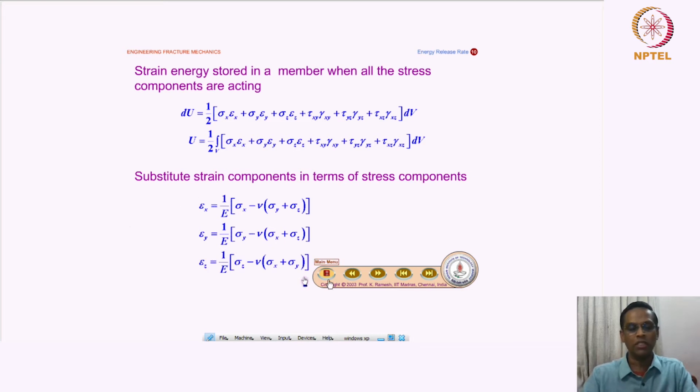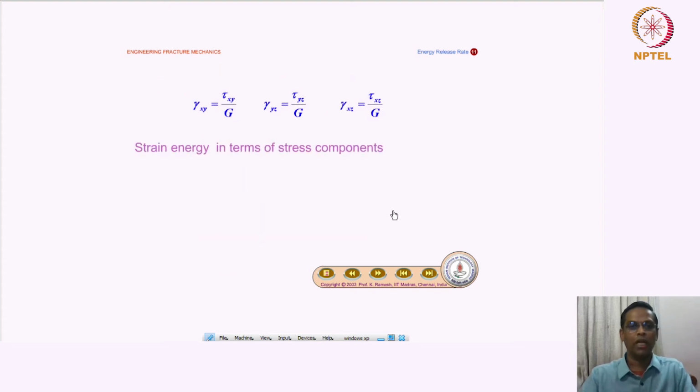Then we can use this generalized Hooke's law, and this generalized Hooke's law you are all familiar with. We have spent enough time on this. We are recollecting all of them. So the strain is expressed in terms of stress. So it gives a three-dimensional picture and is also called generalized Hooke's law. So we will be using that.